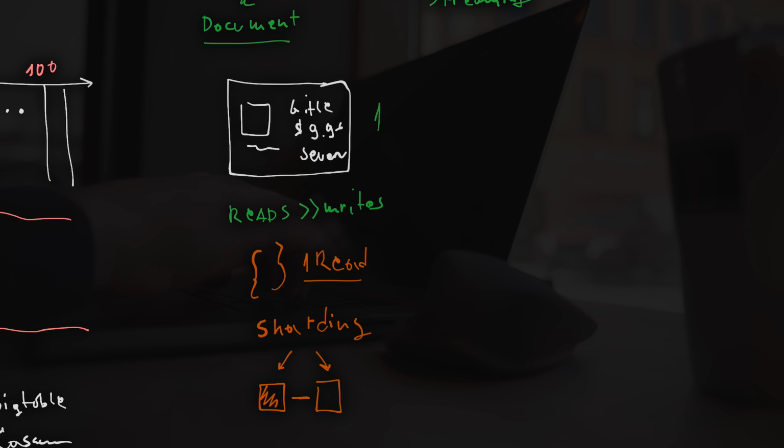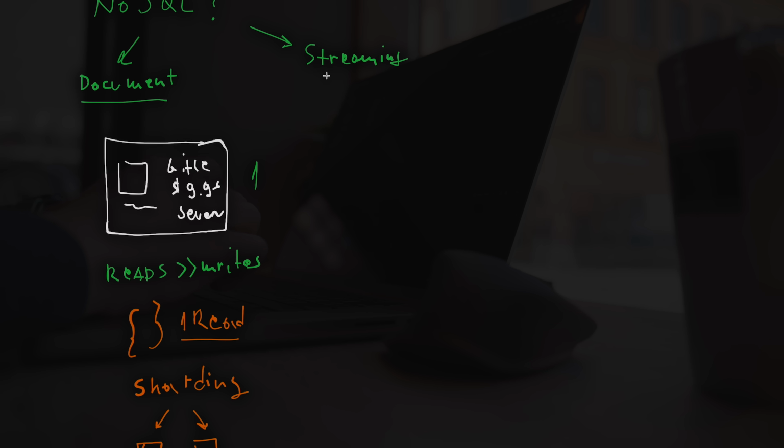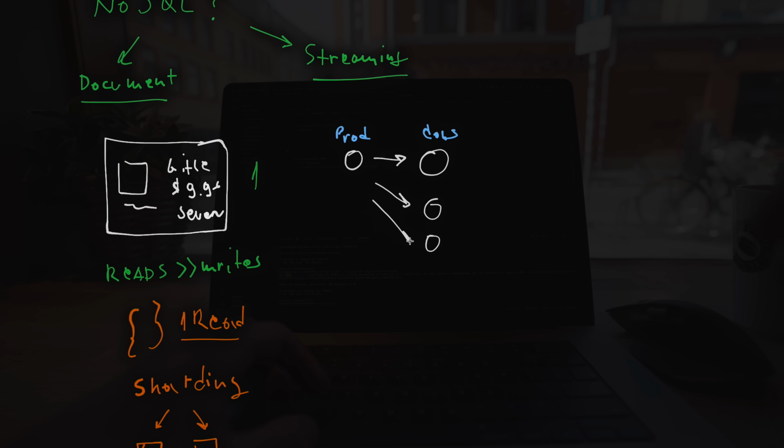Alright, let's talk about streaming databases, and these are kind of the most interesting ones if you're doing something like microservices. But in general, if you have more than one service that need to somehow exchange data between one another, you can either send the data directly, and in a case where you have a producer-consumer configuration, and let's say that you have more than one consumer, this puts the burden on the producer to understand and know at any given moment in time who the consumers are.